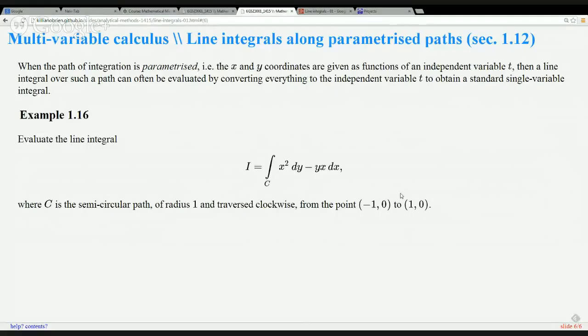Now, what can you do with this? Well, one way to approach this, because this is the unit circle, we could say x squared plus y squared is always 1. And you could make y be the square root of 1 minus x squared.